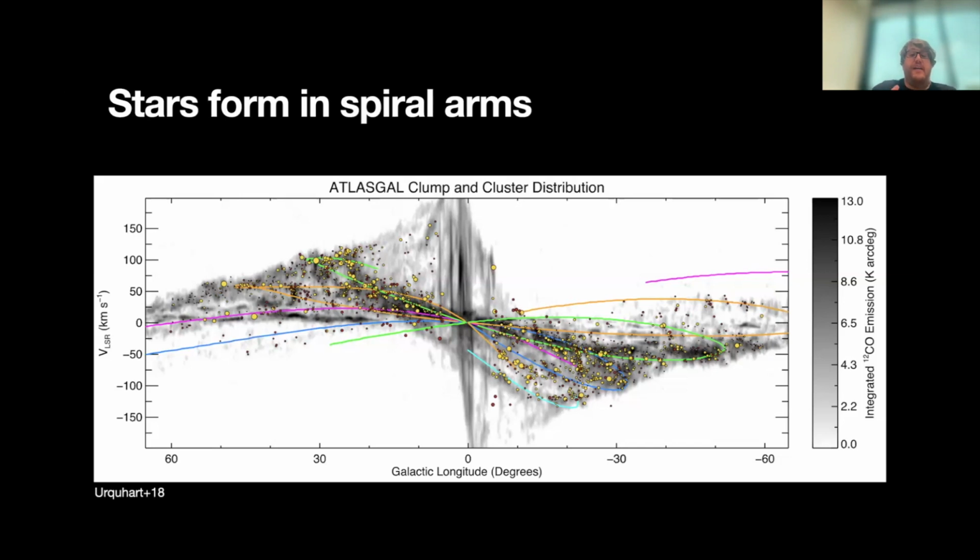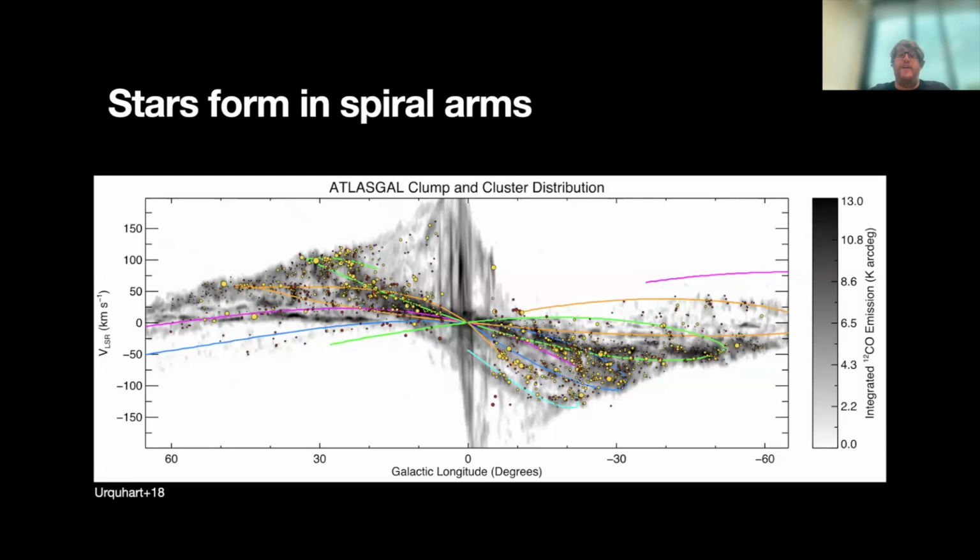So the underlying CO data here and the spiral arm predictions and predicted positions are in the overlaid green, yellow, pink and blue lines. And you can see that now in this orientation, we can see that actually these clumps and clusters, so these are clump positions from the ATLASGAL survey, which is a continuum survey on APEX, are falling on the spiral arms.